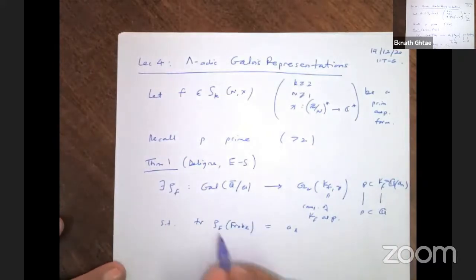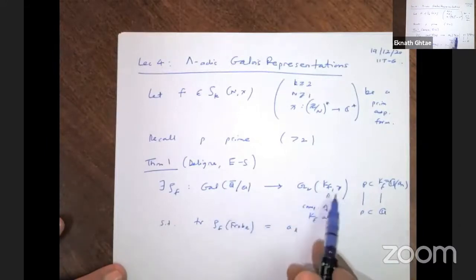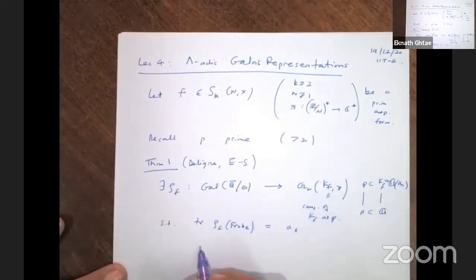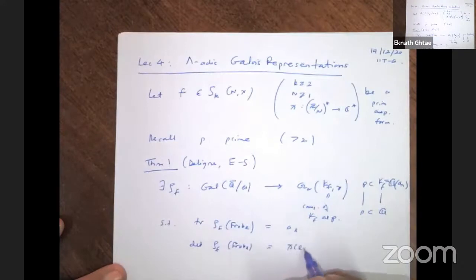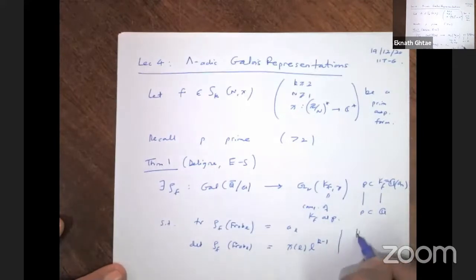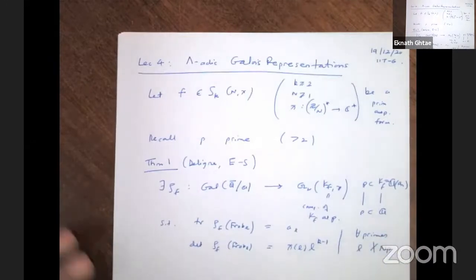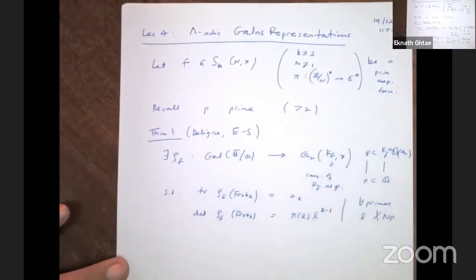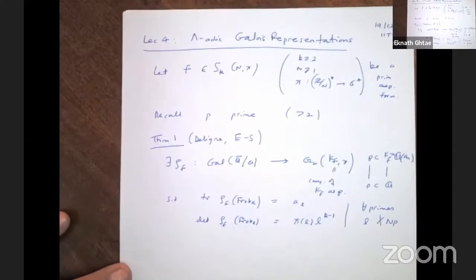Well, the trace of this matrix, you take Frobenius and you push it over here, you get a matrix, you take its trace, you get a_l, the l-th Fourier coefficient, and the determinant is given by a simple formula involving the Nebentypus and the weight: chi of l times l to the k minus 1 for all primes l not dividing Np. Okay, so this is a very fundamental fact in the theory of modular Galois representations.